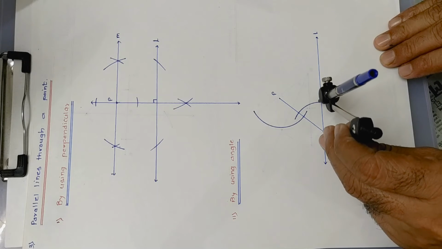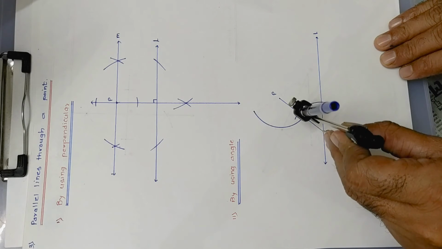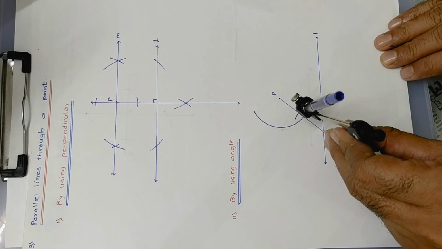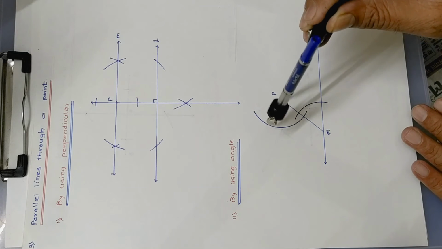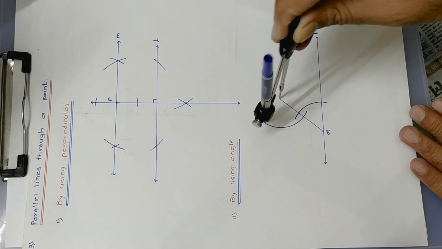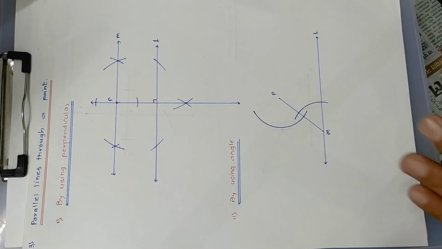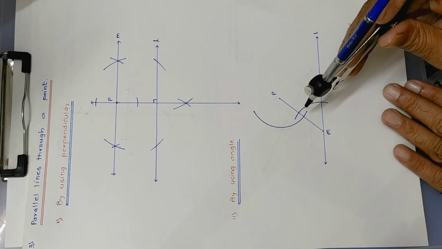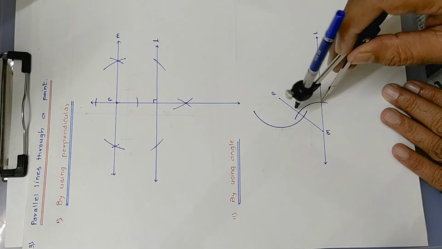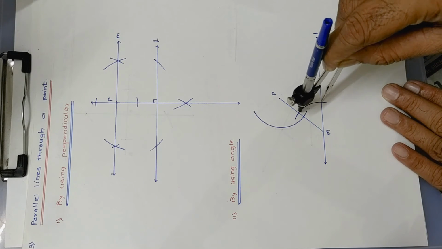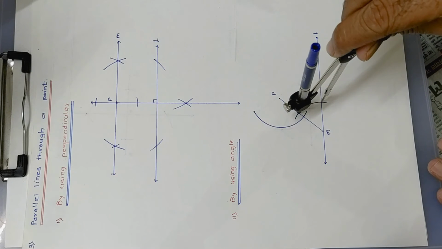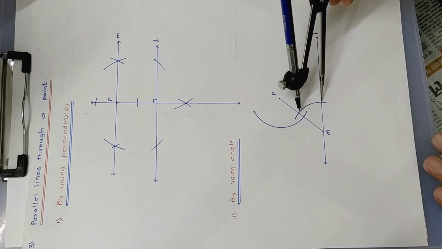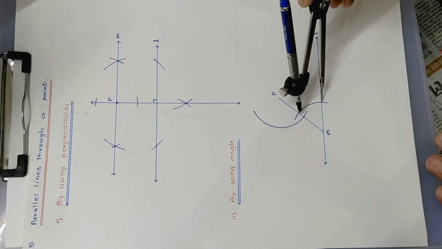First I have drawn one arc which will intersect MP as well as line L. Don't change the distance, put your compass on P and draw the arc, a bigger one. Now take the measure of the angle with the help of your compass, like this. This is called taking the measure of the angle. See here, like this you have to take the measure.